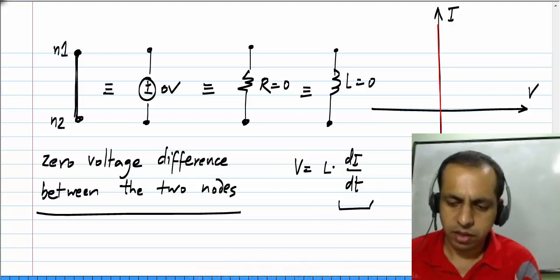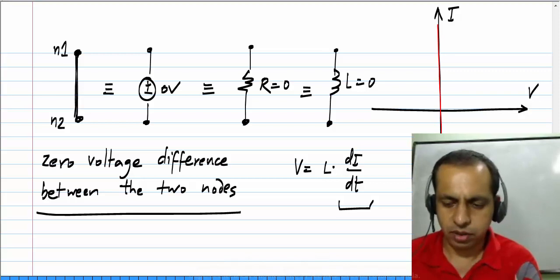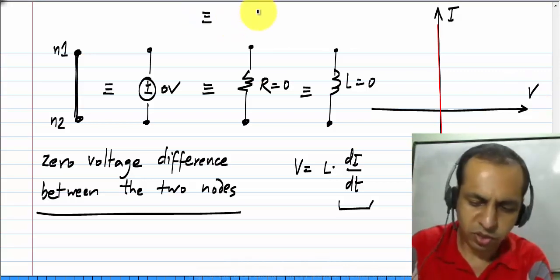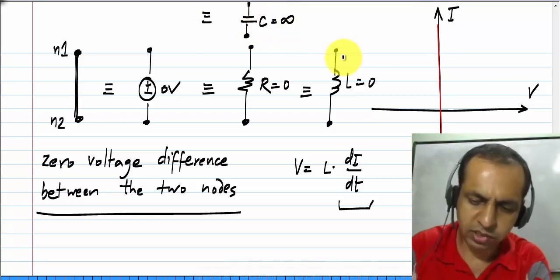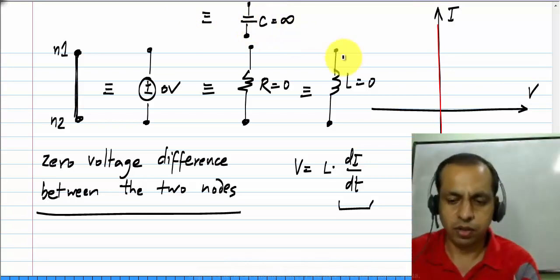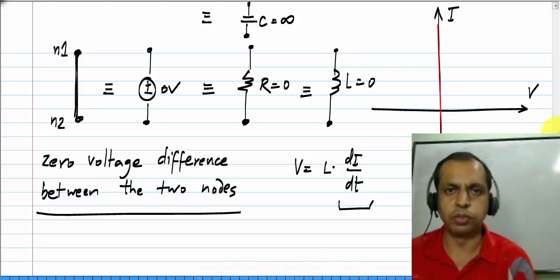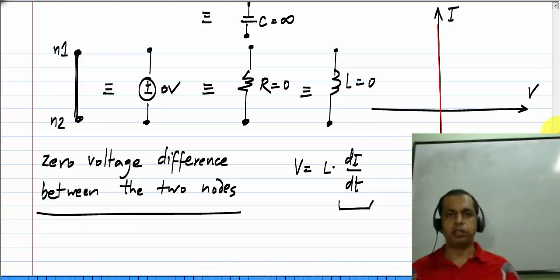And finally, I won't go and prove this, but you can reason it out for yourselves that this is also equivalent to having a capacitance which is infinity. If a capacitance is infinity, then the two nodes across which the capacitance is connected will be constrained to have the same value. That is, the two nodes will be at the same voltage.